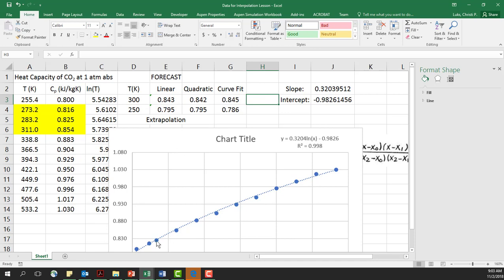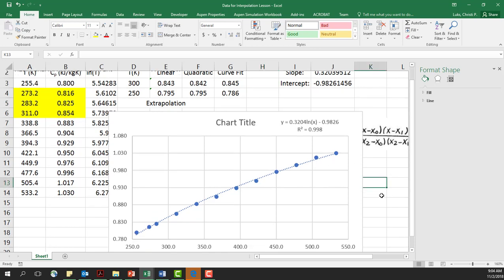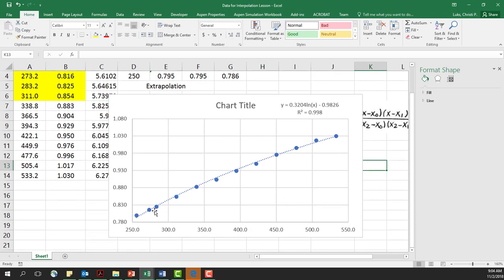Now, at these numbers in the middle here, this actually looks like a really good fit. But let's take a look at our graph. This slope really doesn't look like it's going down as steeply as this logarithmic curve fit predicts.